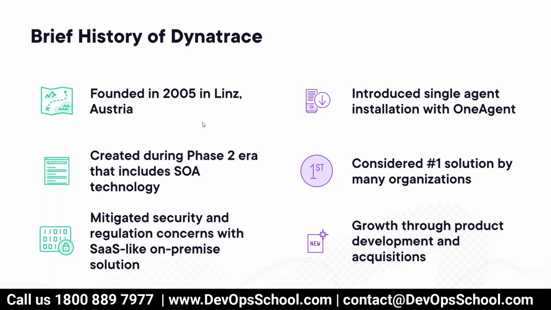Now, this was created during the phase 2 era that includes SOA technology, service oriented architecture technologies, considered the number one solution by many organizations, and it mitigated security and regulation concerns with SaaS-like on-premise solutions, with growth through product development and acquisitions.